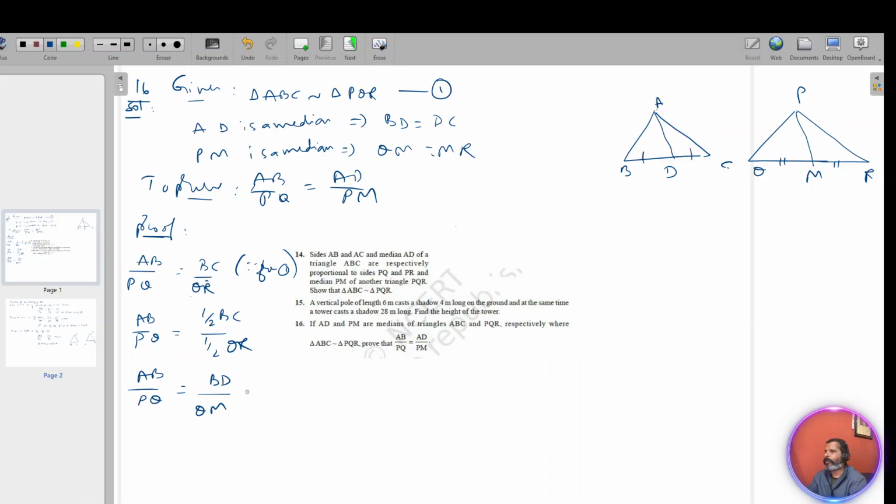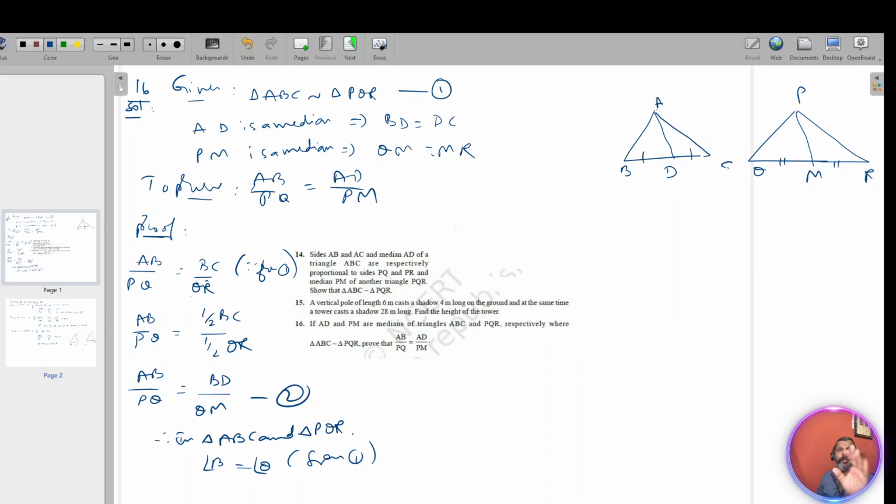Okay, so we call this 2. We are done already. Therefore, in triangle ABC and triangle PQR, write the similarity. What similarity? We know B equal to Q because of 1. What is the 1? They are similar triangles.